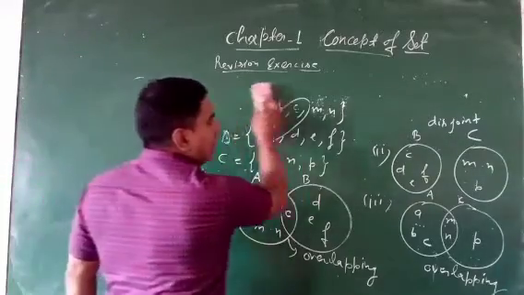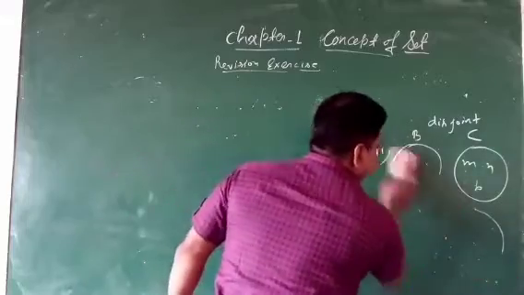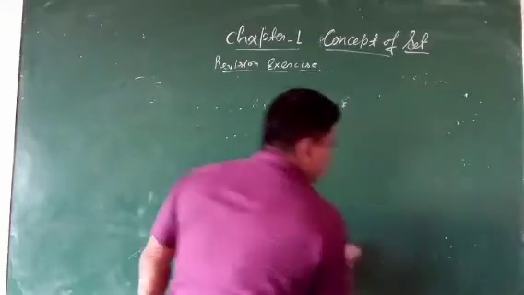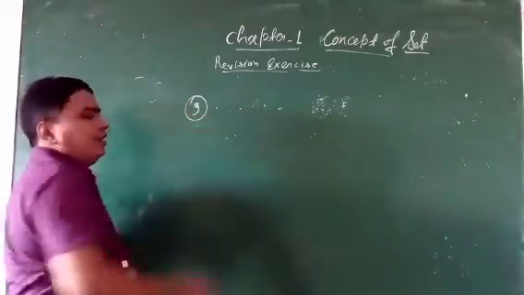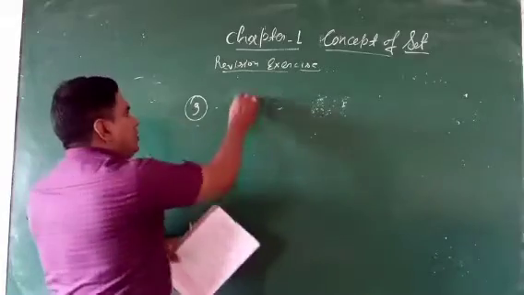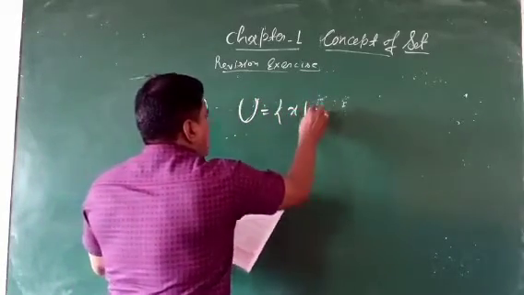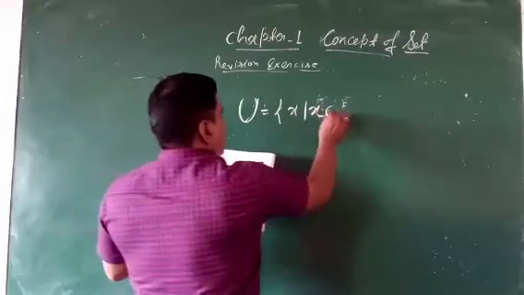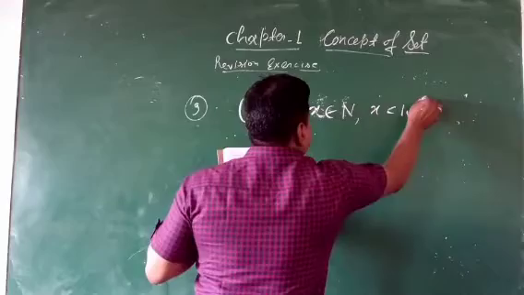Next, three questions remain: 9, 10, and 11. Question number 9. Let the universal set be U, where U is x such that x belongs to natural numbers, x less than 10.